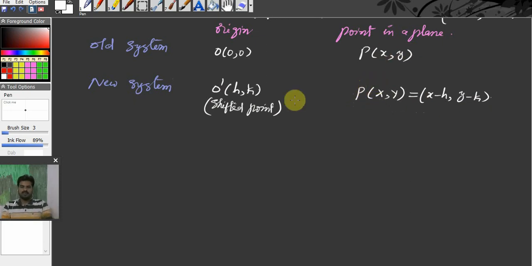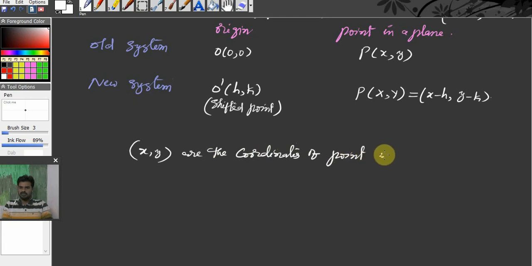Next, in the same process, simply we can take x comma y as the coordinates of the point in the old system. Next, capital X comma capital Y are the coordinates of the point in the new system.